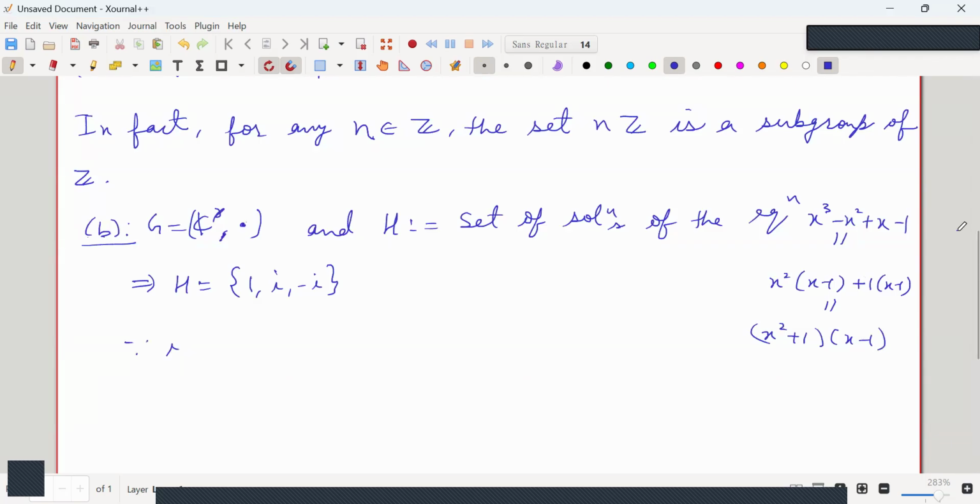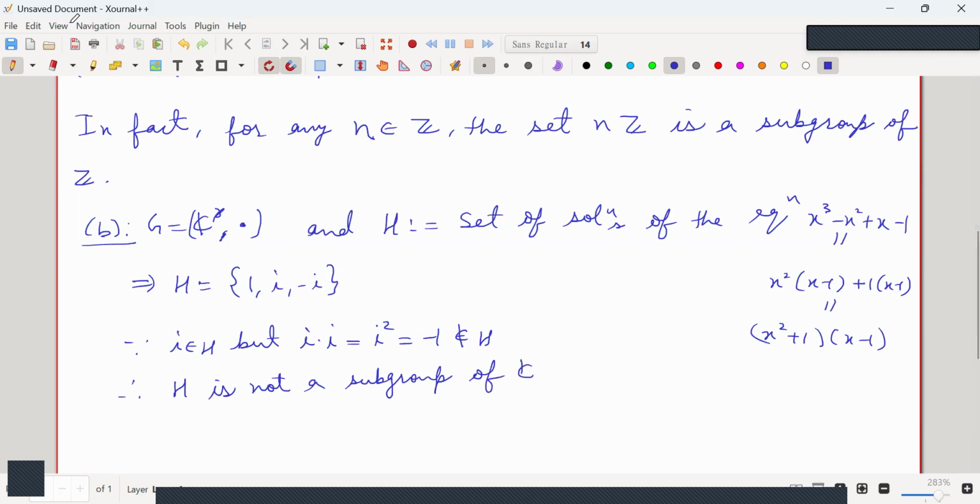Since i belongs to H, but i dot i, that is i square, which is minus 1, is not inside H, H is not a subgroup of C star. Good.